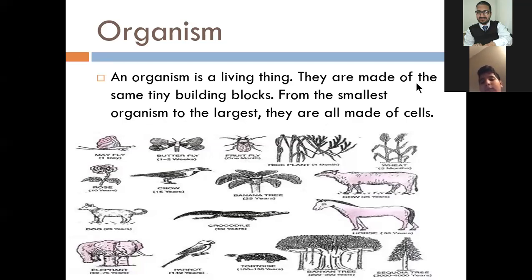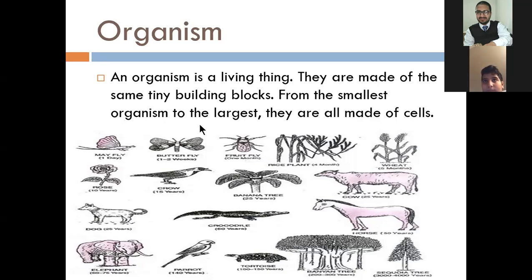They are made of the same tiny building blocks, just like a house, a school, or a building that is made up of small bricks, small blocks. In the same way, all these organisms are made up of very small, tiny building blocks. We name them as cells.